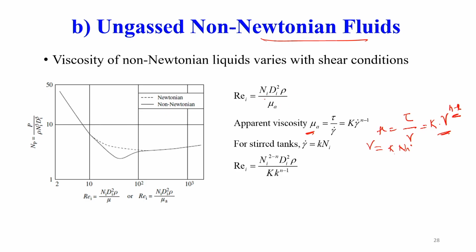Now when we defined Reynolds number Ni Di square rho upon mu, now this mu will be replaced by the mu apparent. What is mu apparent here?